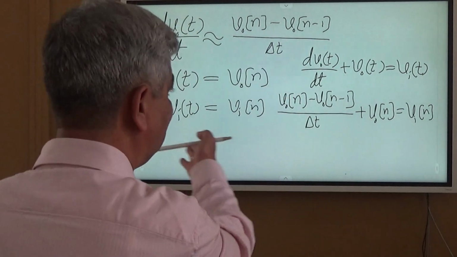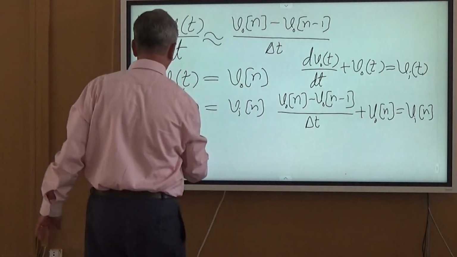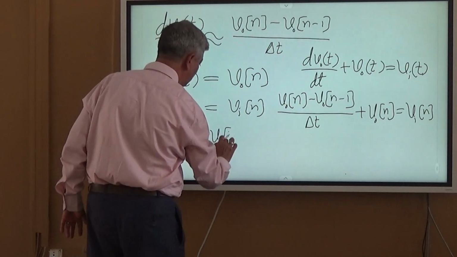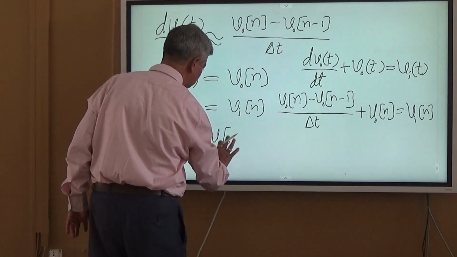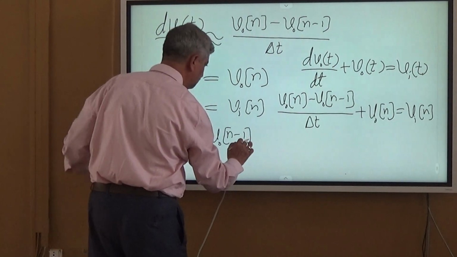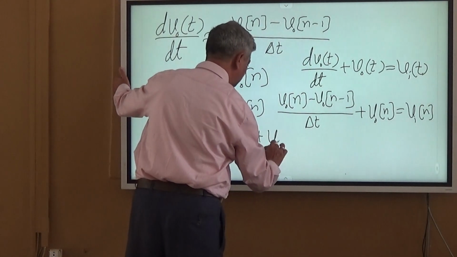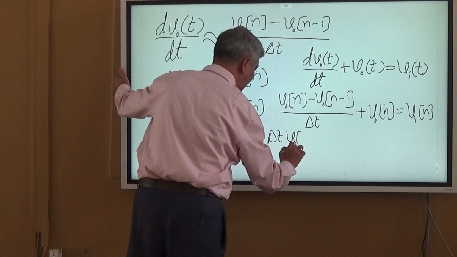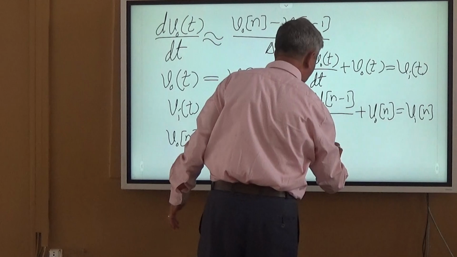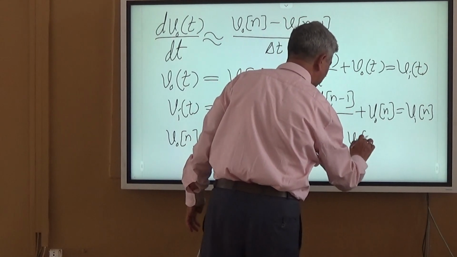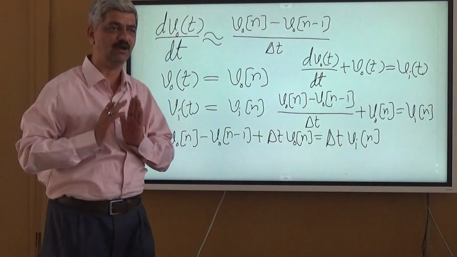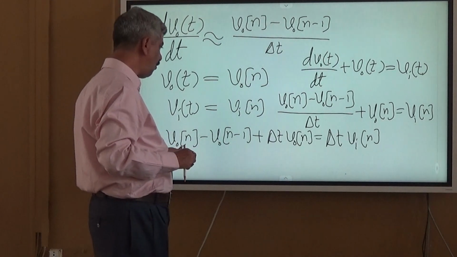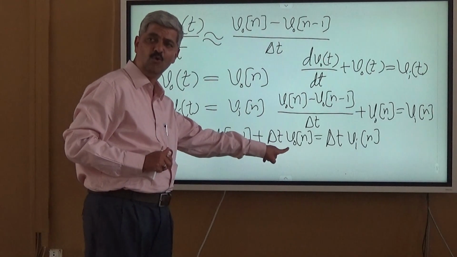So multiplying by delta t on both sides, we get VO[n] minus VO[n minus 1] plus delta t VO[n] is equal to delta t Vin[n]. Multiplying all terms by delta t, then connecting the terms VO[n] plus delta t VO[n], right?